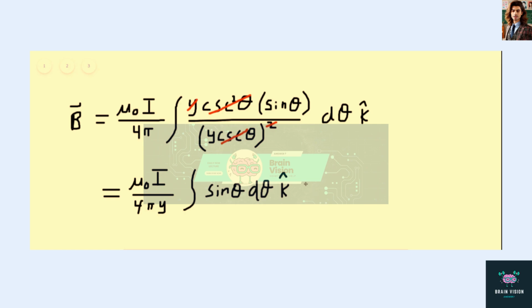You integrate sine theta d theta, and that just gives you cosine theta. So you have mu naught times I over 4 pi y cosine theta, and of course, this is in the k-hat direction. And at the extreme limit here, this is equal to mu naught times I divided by 4 pi y.